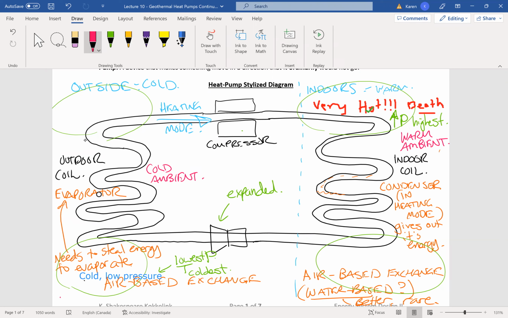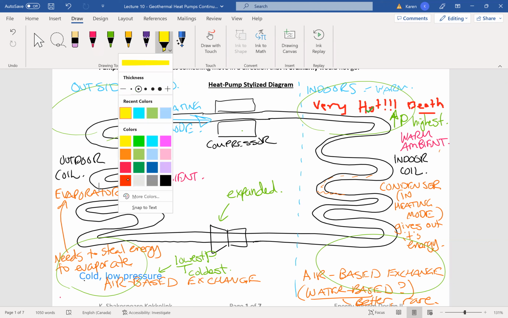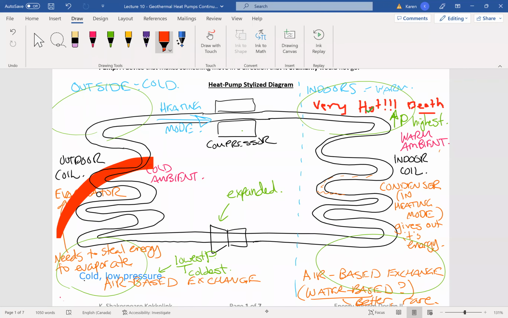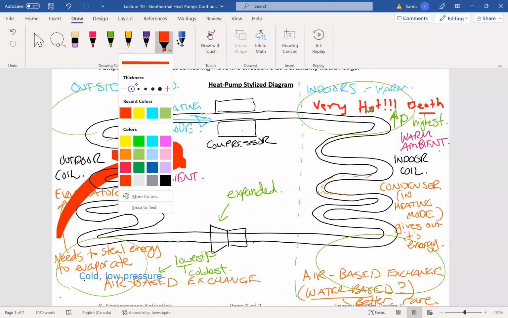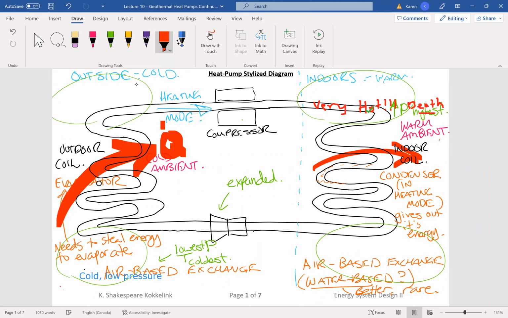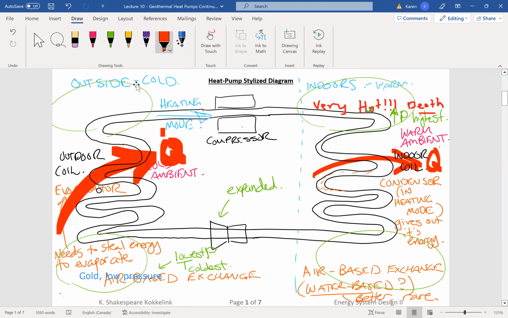Yes, make it colder than cold. Use a refrigerant that you can expand, and you can make it even colder. What's going to happen if you make it colder? It's going to absorb Q, right? And then if this was really hot, it's going to lose its energy, its Q, right?